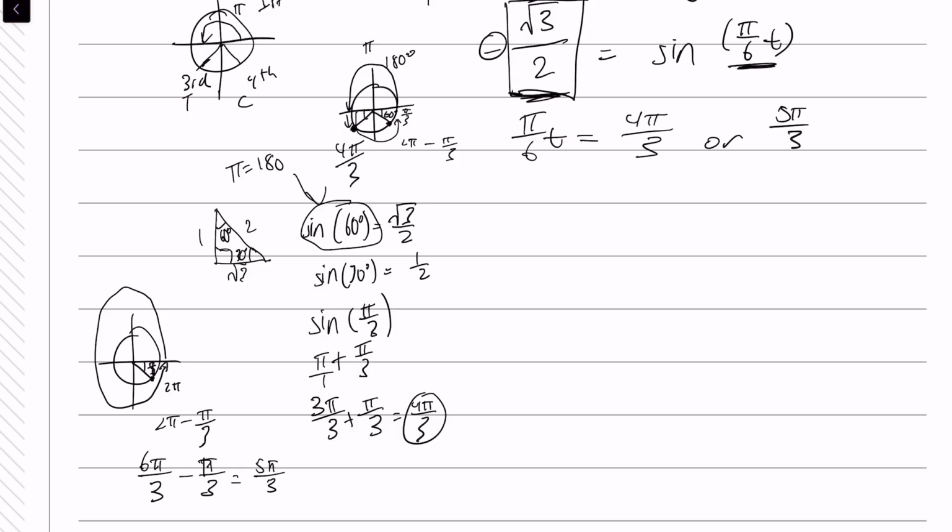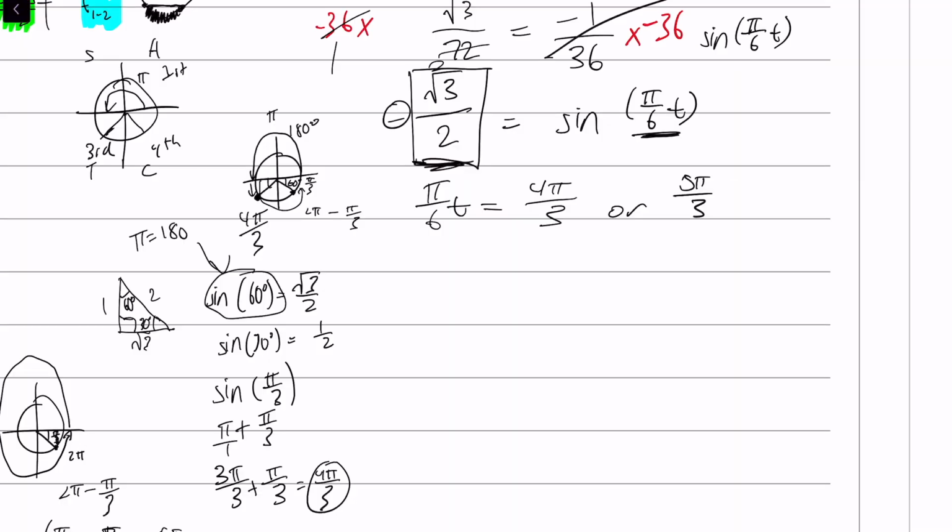Okay. And now I can work with these values. I have two values for pi over 6 times t, and then I can just rearrange the equation to get t on its own.